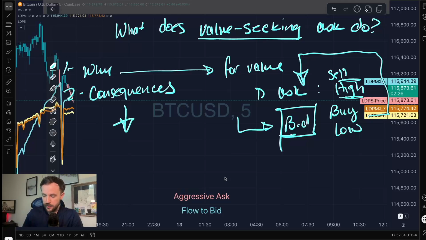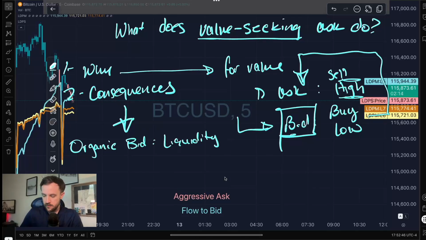But now that we know why they're here in the market, the consequences: when the organic bid has liquidity, this means the price is likely going to go down. Why?